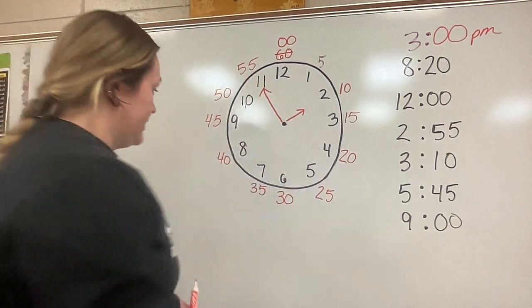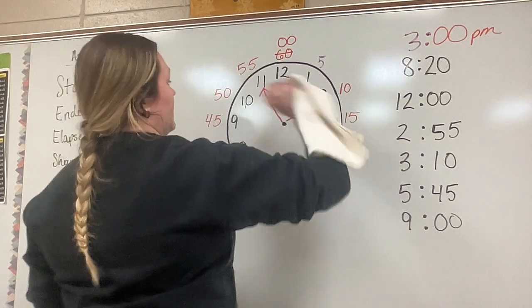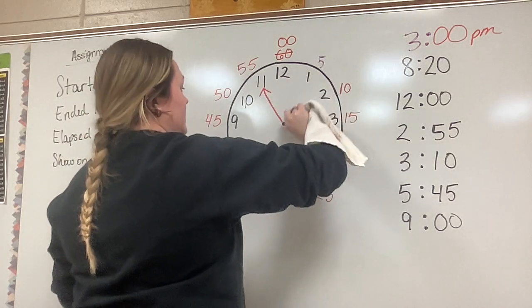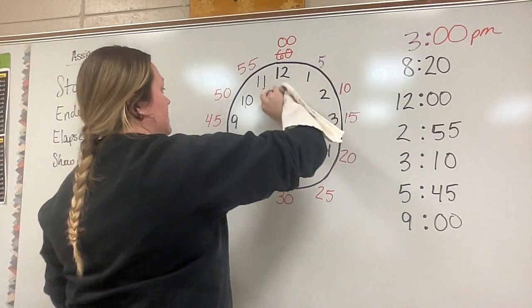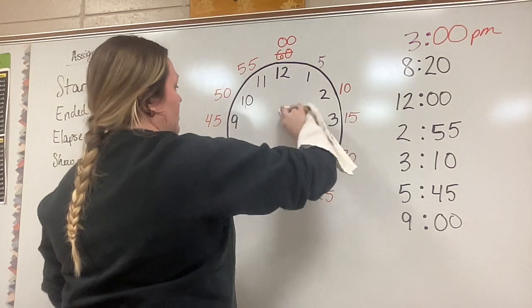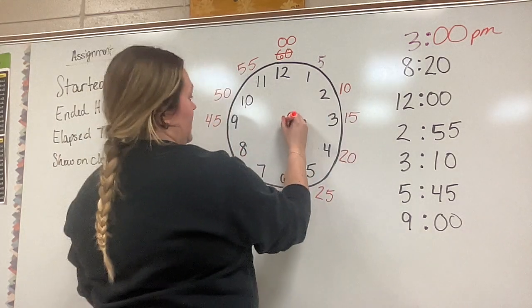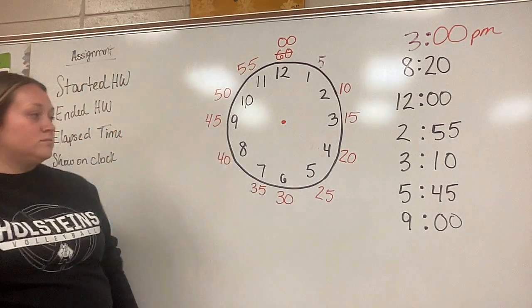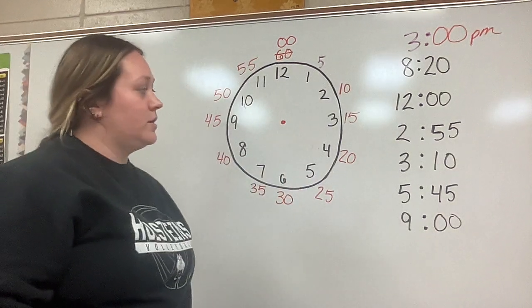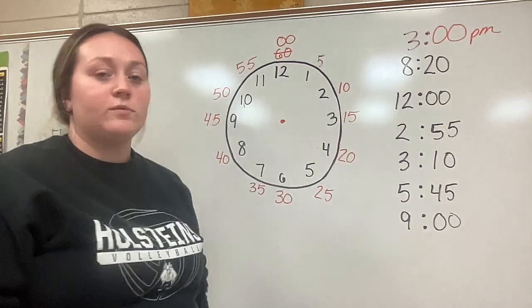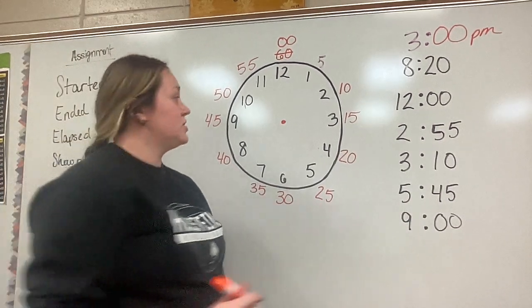Now, what we're going to do, using our clock, we're going to talk about how long time passes. We call that elapsed time. Okay, we're going to talk about that now. Let's take a look. Well, let's do 2:55 to 3:10. So I'm going to put up the time that we just had.